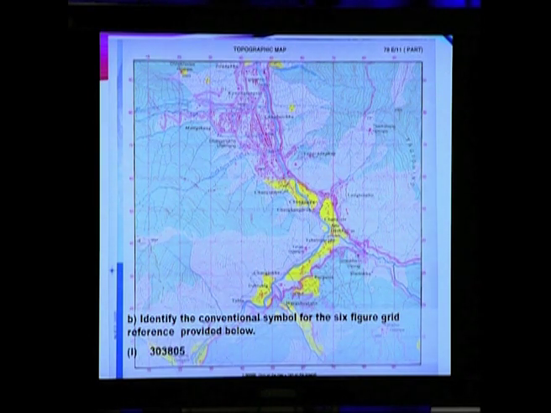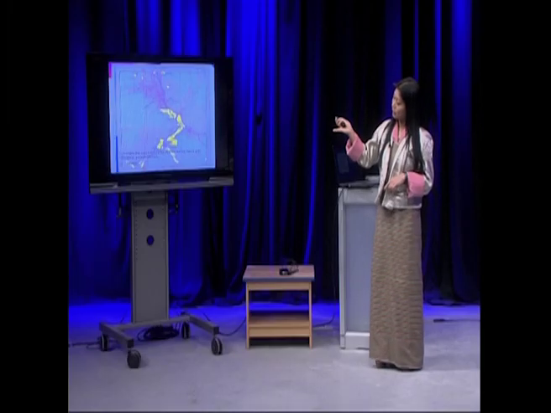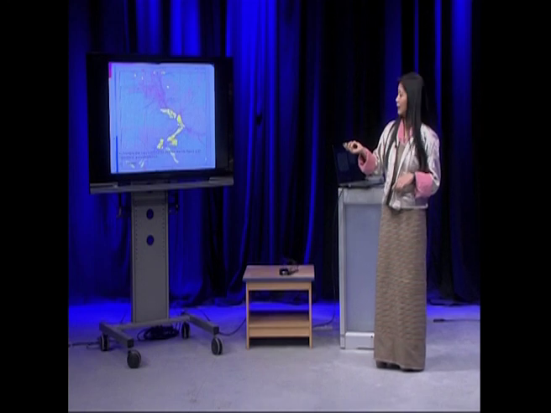So we have 3385. So 30 from north till south, all these areas fall under 30. And when you divide this grid into 10 parts, all these places fall under 3.